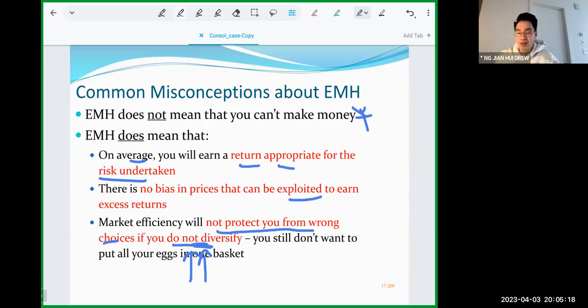If your Meta stock does a nosedive, or the stock price decreases, too bad, right? You lose your investment. The theory of the efficient market hypothesis only makes sense if you are a diversified investor.